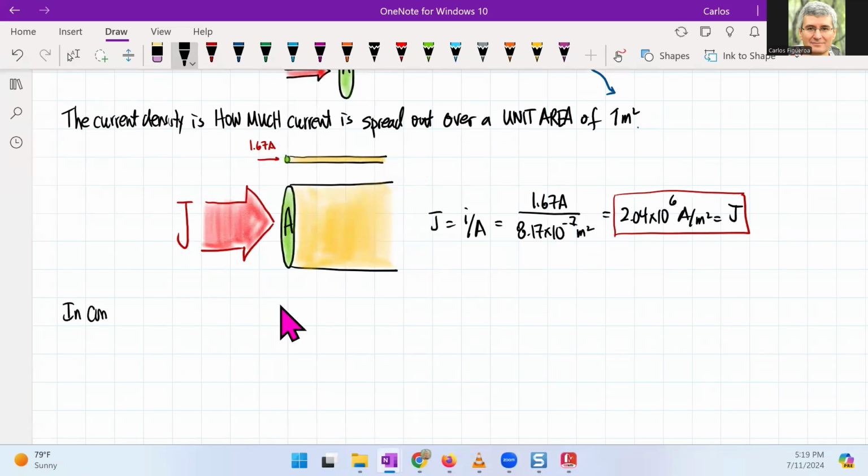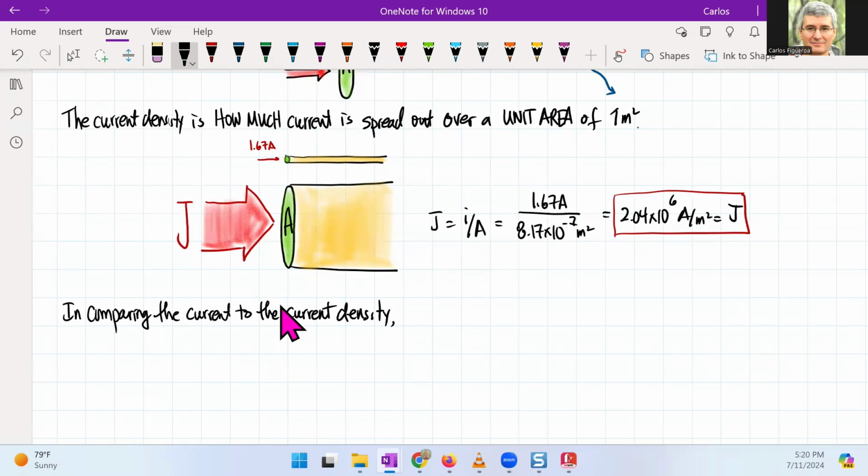In comparing the current to the current density, it is true that they have different units, but they're still effectively the same thing.